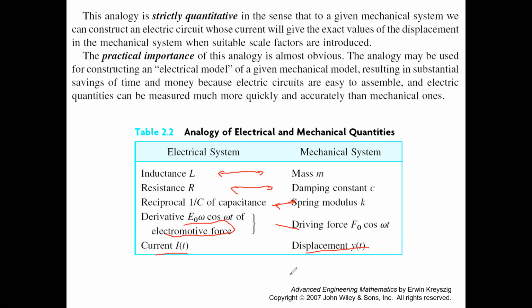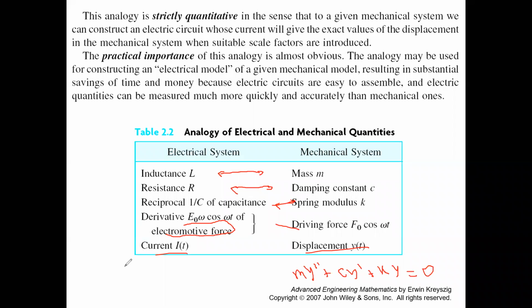So on the mechanical system, you have M y double accent plus C y accent plus K y equal to 0.